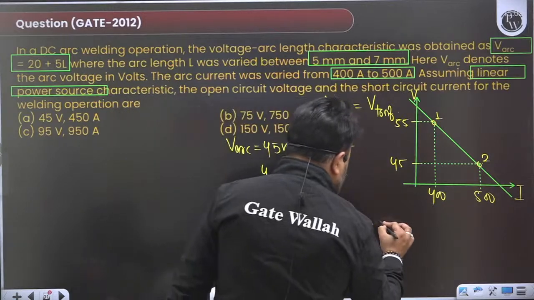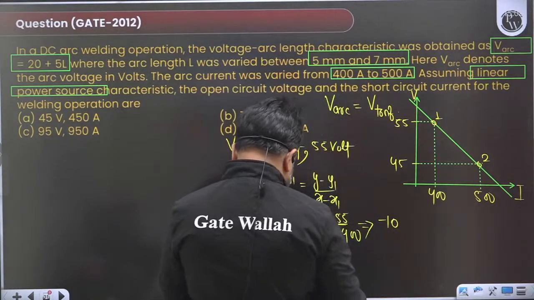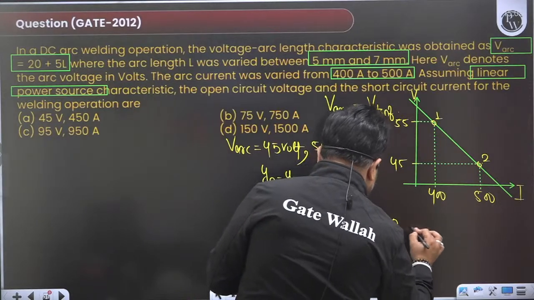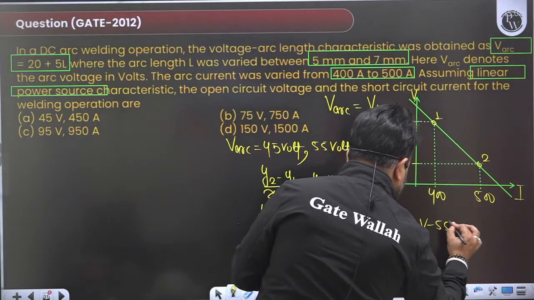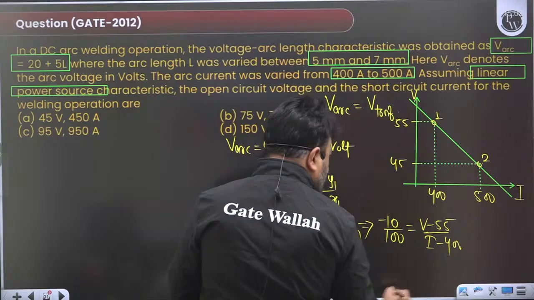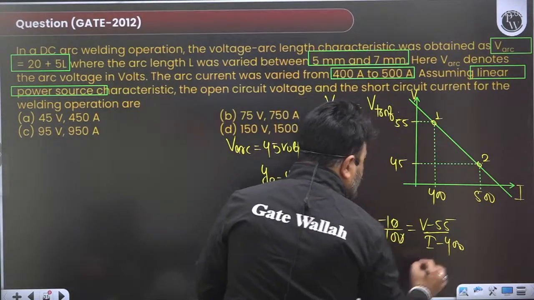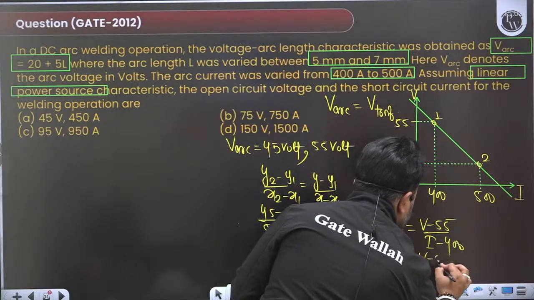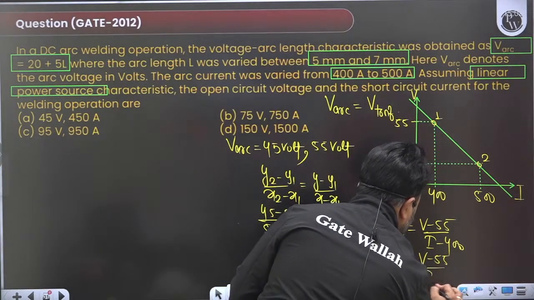So minus 10 divided by 100 equals V minus 55 divided by I minus 400. Now it comes minus 1 by 10 equals V minus 55 divided by I minus 400.